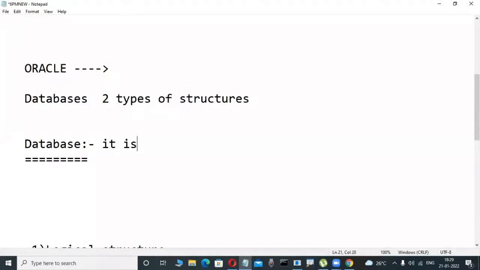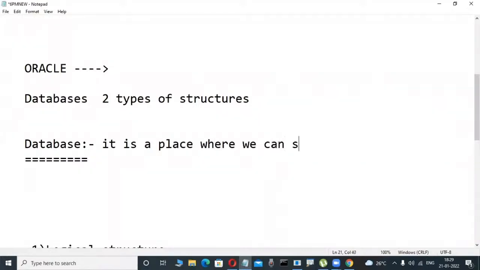It is a place where we can store a structured collection of data in a computer system. They are telling only that. What is data? What is information? What is DBMS? That is later. Structured collection of data.